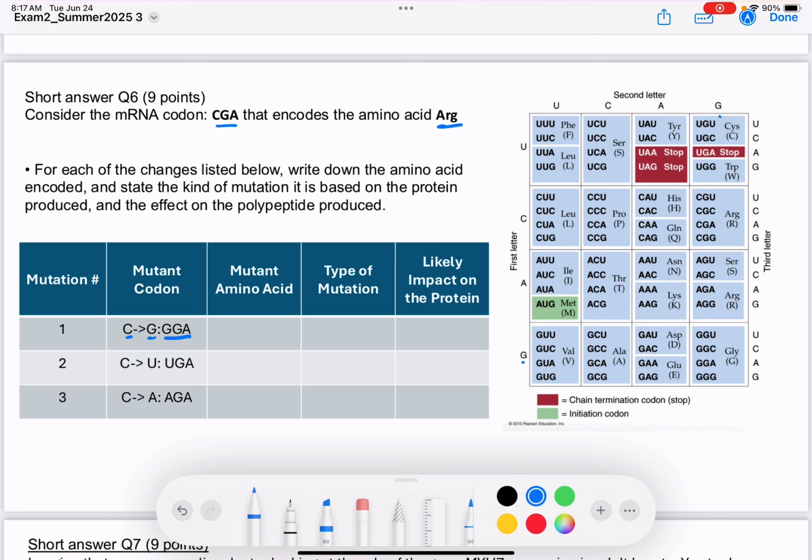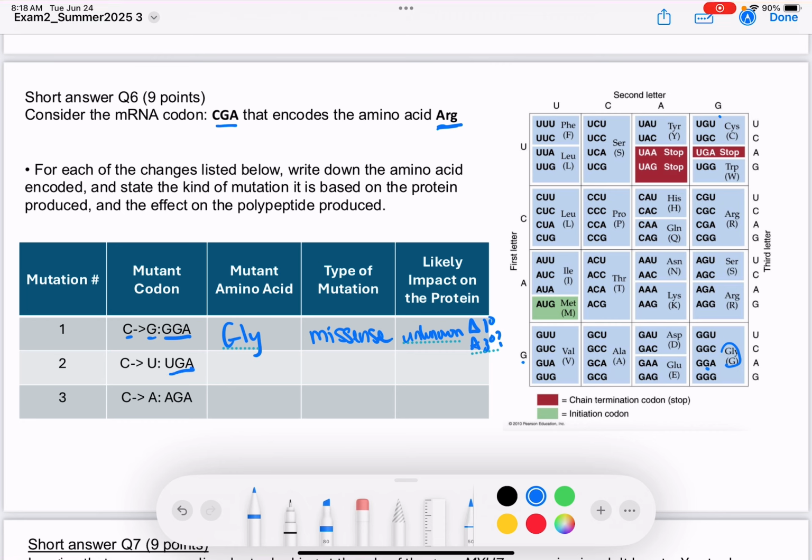So GGA is going to be glycine. So it switched from arginine to glycine. That's a missense mutation. And the likely impact is unknown. There's definitely a change in primary, and then maybe a change in tertiary. We don't know. Okay, could be a big deal. It could be not a big deal.